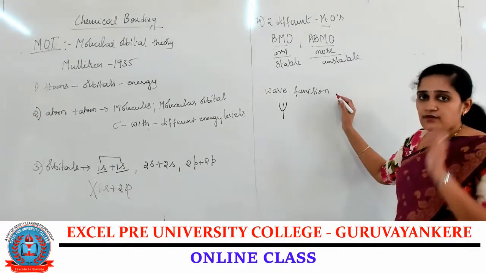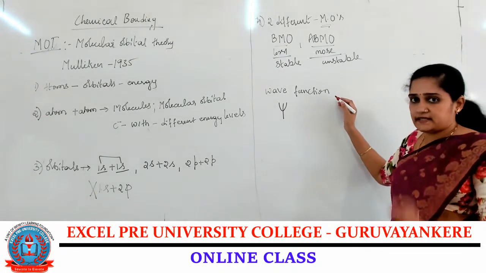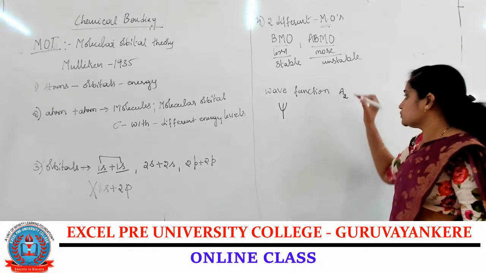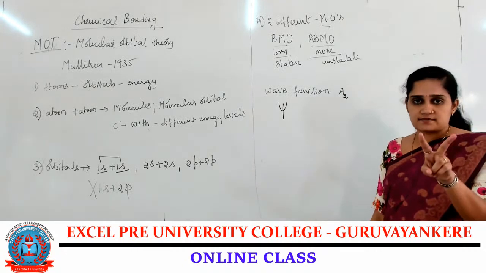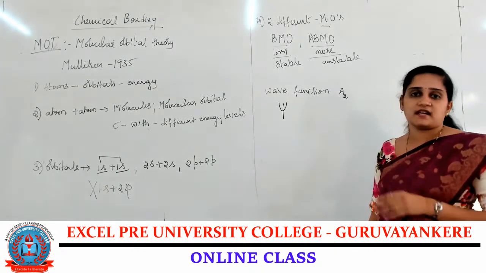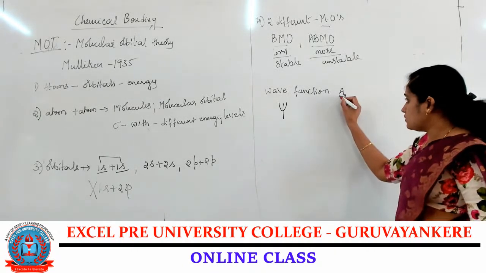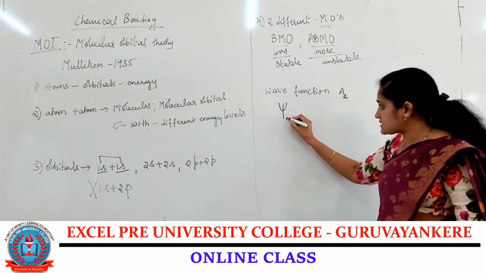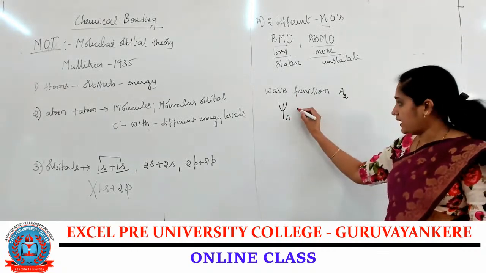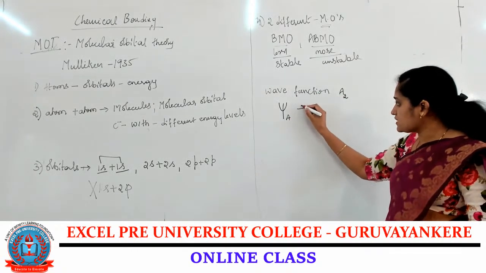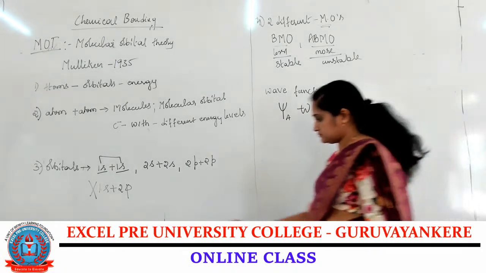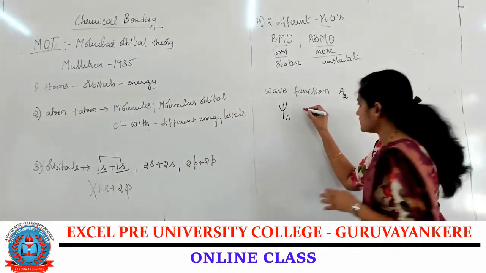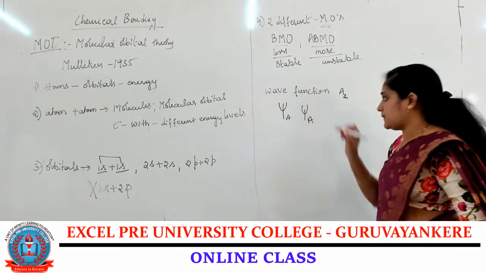Now psi is a wave function, the orbital combination of A2. Consider two atoms combining with each other to form A2. Consider the wave function of one A atom as psi A, and the wave function of the other atom as psi A.